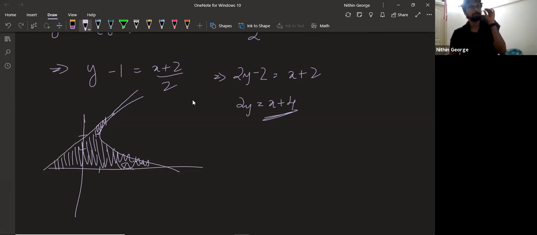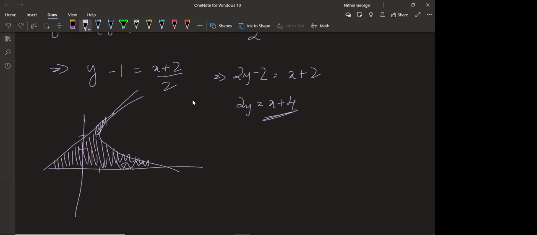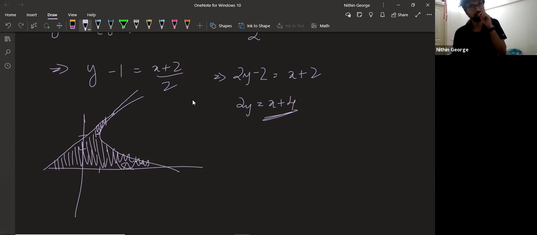All right, guys? How would you solve this? Tell me. So integrate the tangent line with the x-intercept.